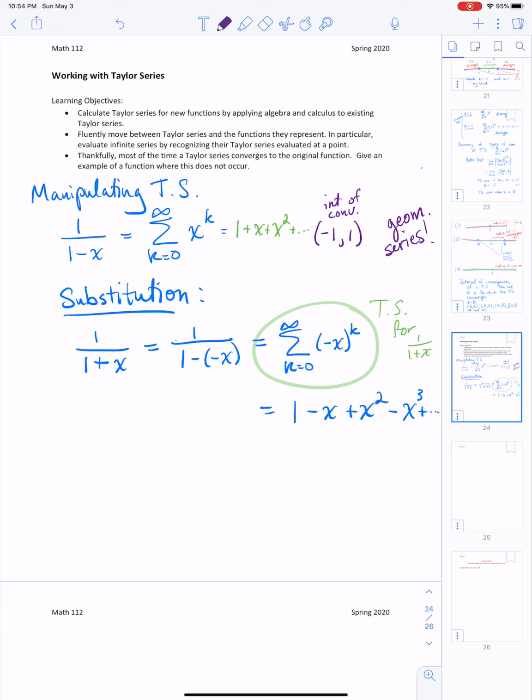So our new series should converge when negative x is in the interval minus 1 to 1. In other words, when x is, well, it doesn't actually change, when x is between minus 1 and 1. So here's our new interval of convergence, and we have a Taylor series for 1 over 1 plus x.